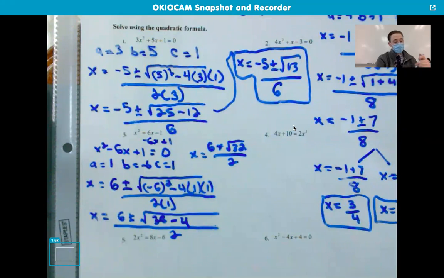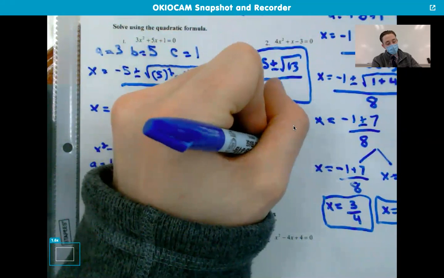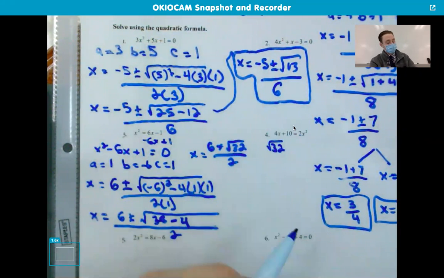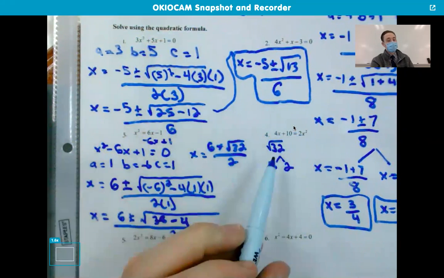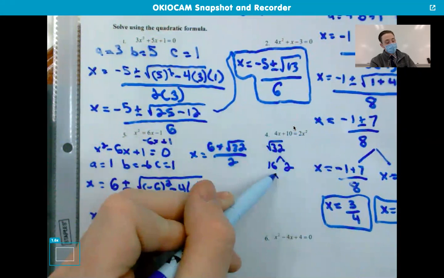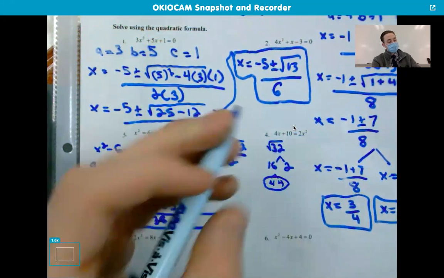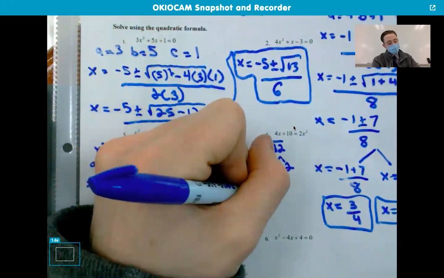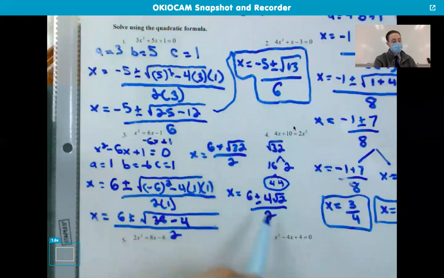Good. So I have to think about factors of 32 where one of them's a perfect square. Notice that 16 and 2 gives me 32. And then 16 breaks down into 4 and 4. So I'm going to be left with x equals 6 plus or minus 4 root 2, because the number that has the pair goes on the outside, over 2.